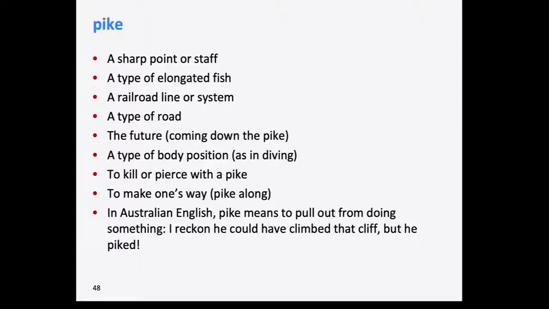So there are lots of meanings. In Australian English, pike is also used as a verb meaning to pull out of doing something. Like, we were all going to go out to a nightclub later, but Joe piked. I don't think that usage is common in this country, but you can try it out. Right, but lots of meanings.